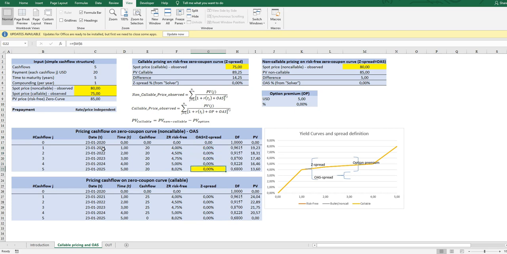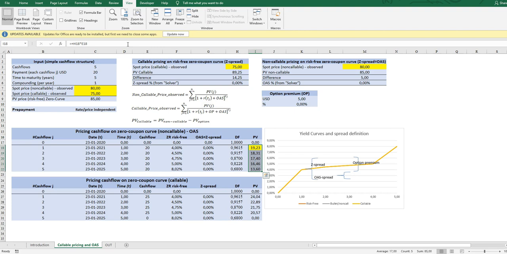We have no spreads, and here we have the discount factor. So discount factor as usual being calculated by 1 divided by 1 plus the corresponding yield raised to the power of the maturity, and here's the price for each cash flow in present value terms.